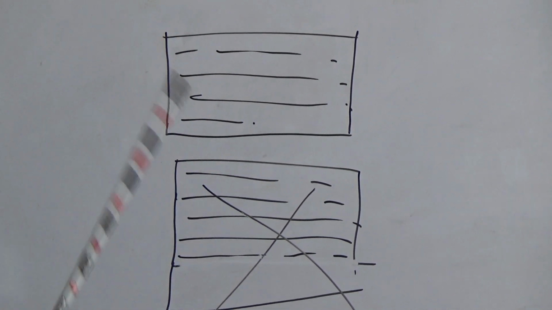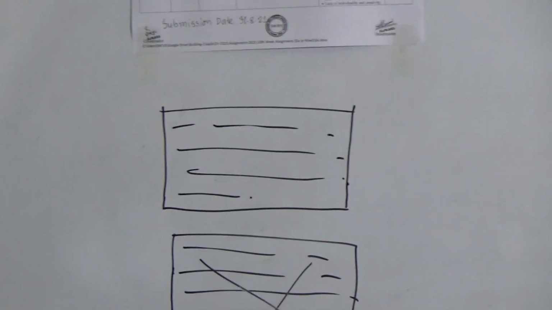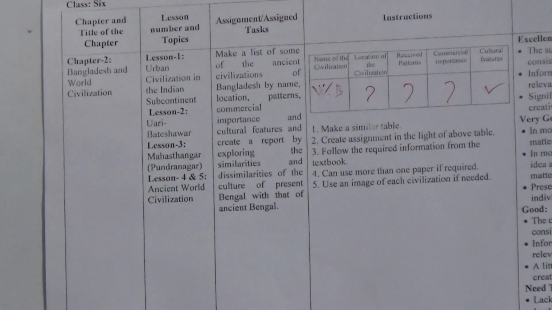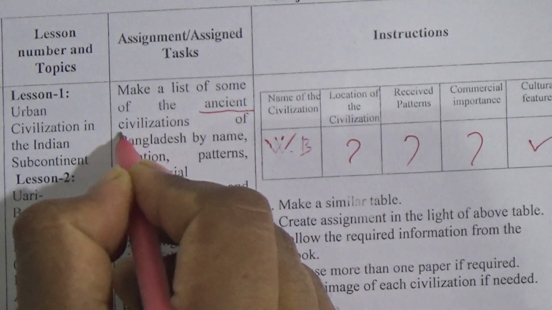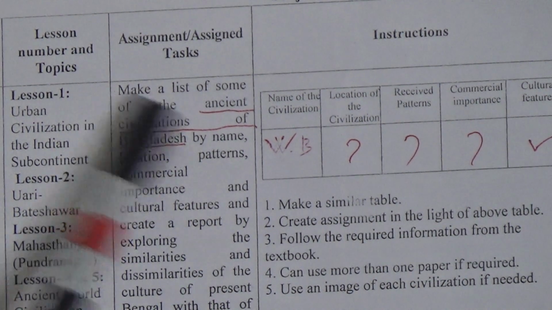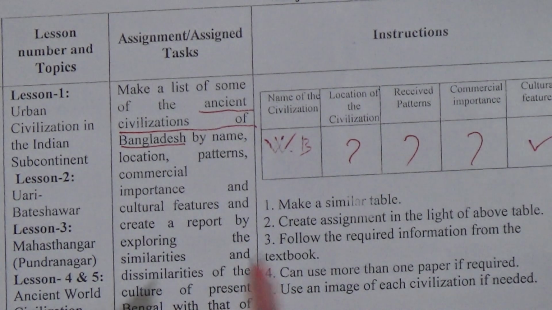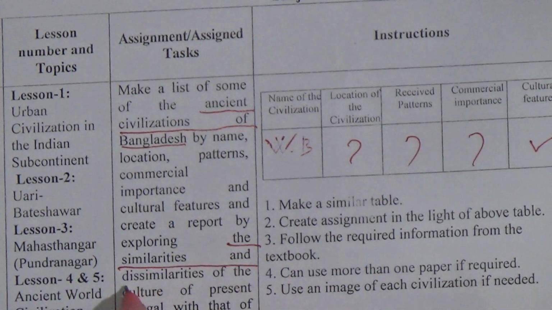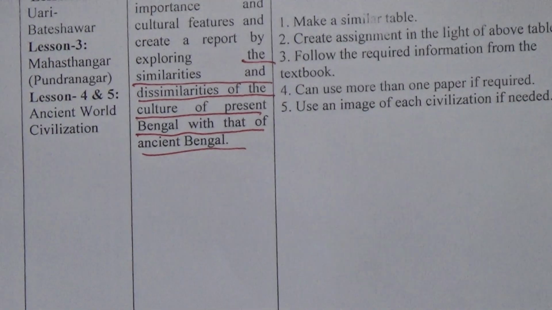And before completing it, first of all, come to the subject. What would be the subject? Students, I told you that you have to do 2 tasks. Number 1 is the ancient civilization of Bangladesh. So the subject would be the ancient civilization of Bangladesh, and the second subject would be the similarities and dissimilarities of the culture of present Bengal with that of ancient Bengal.